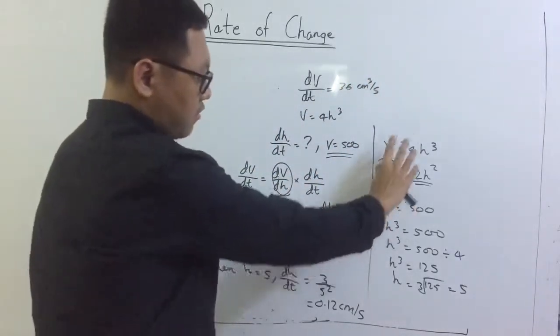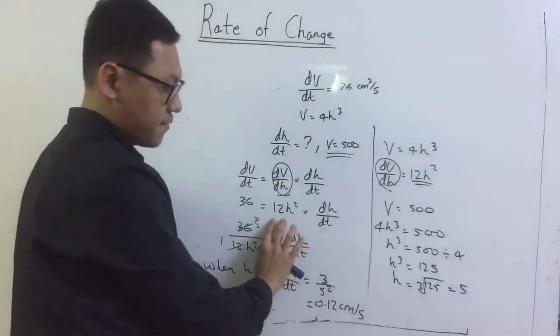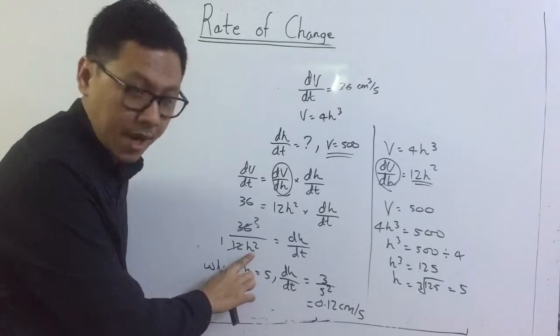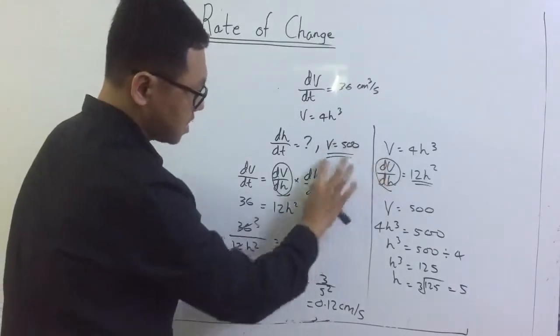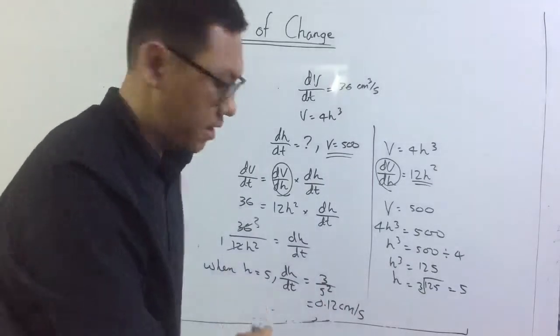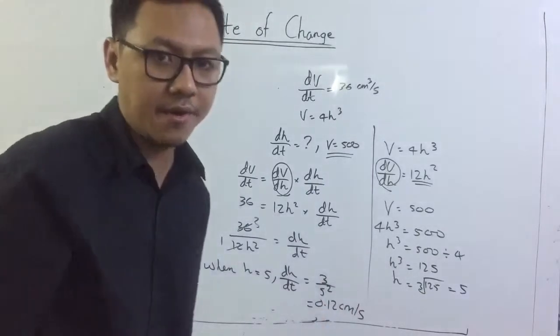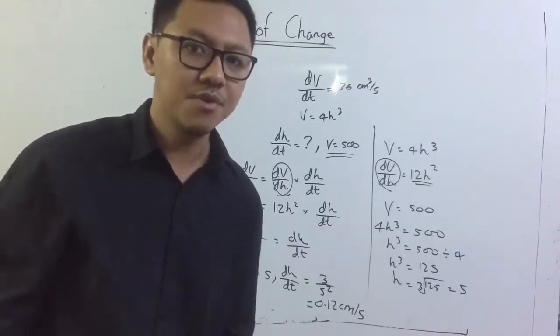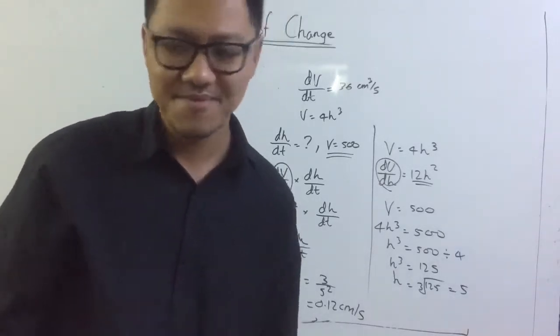You find it here and substitute here, and in this step you need the value of h, right? So you have to calculate it here and substitute here, and you're going to get the answer. Okay, it's not that hard. I'm going to explain more examples, so it will help you understand better.